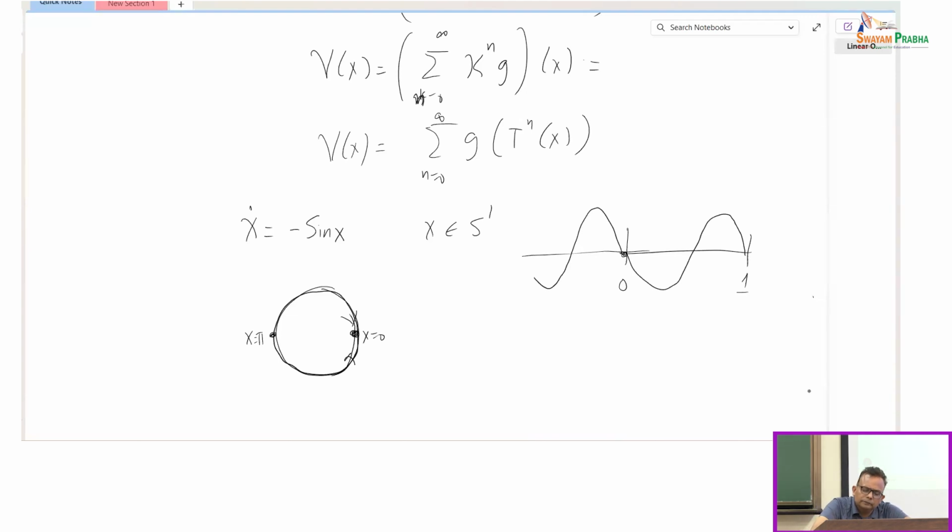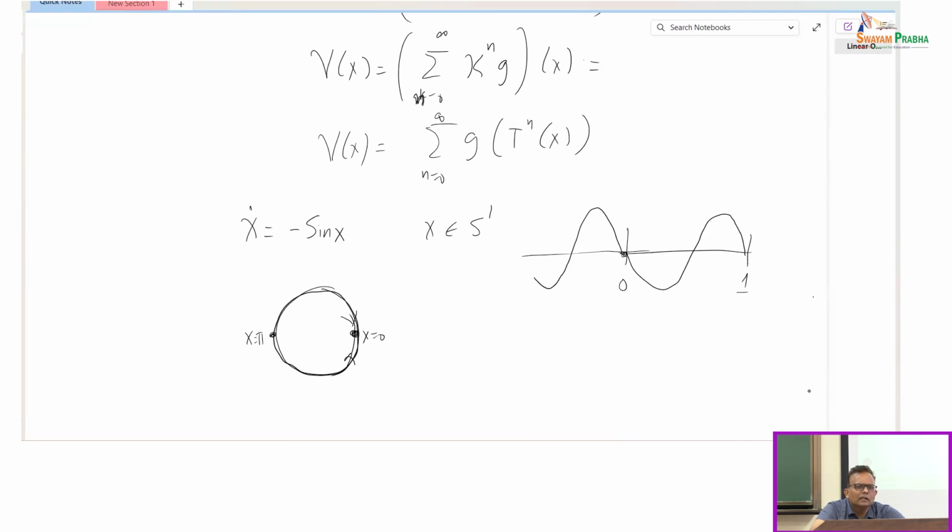So for a system like this, you will not be able to find a Lyapunov function, because Lyapunov is actually a very strict notion of stability. If you can find a Lyapunov function, that means your system is globally stable. But you would like to call x equal to 0 stable for all practical purposes.